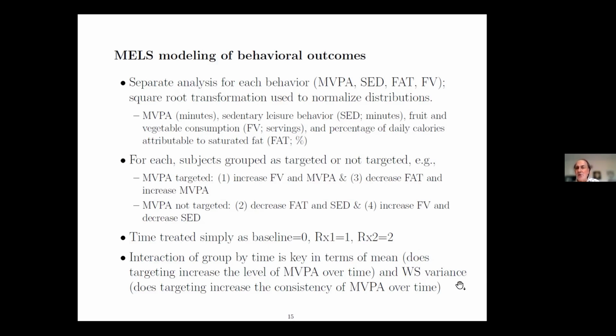Okay? So what we're interested in learning is, does targeting, for example, moderate to vigorous physical activity increase the level of physical activity? And also, does it increase the consistency of physical activity across time? So not just looking at the level, but also the consistency of the variable.